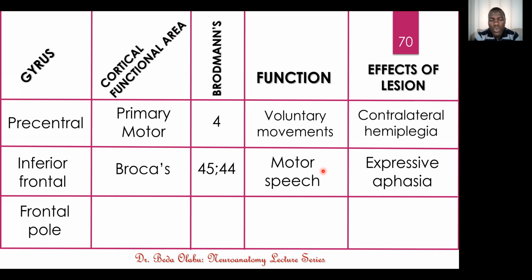So when you talk of Broca's area, we are particularly talking about motor speech, the talking part of speech. We are not talking about the hearing part of speech, neither are we talking about the understanding part of speech. Those three speech regions are all represented in the cerebral cortex in different regions. Broca's cortex only houses the motor speech area.